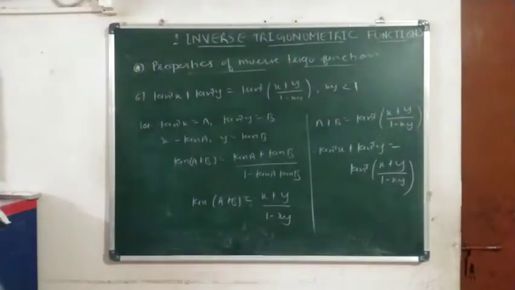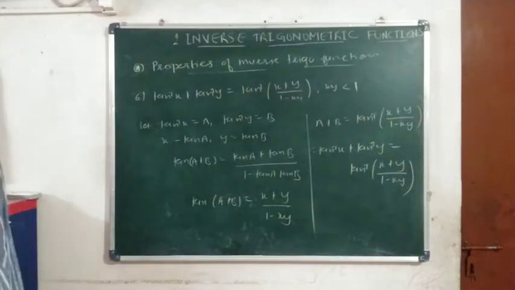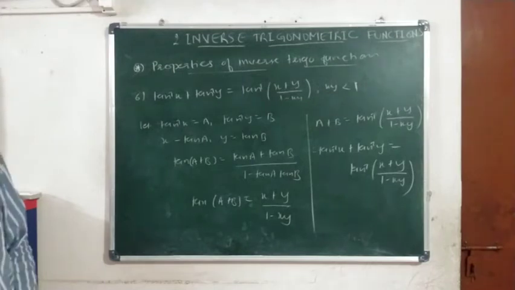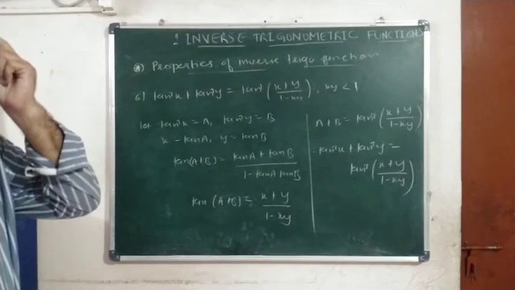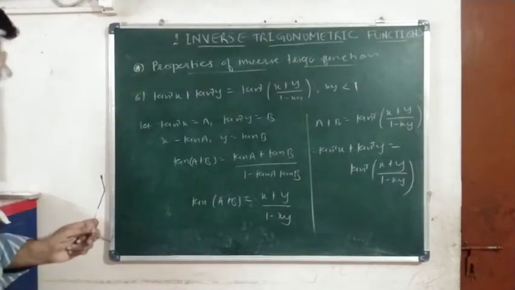Hence we have proved. Similarly, let us prove that sin inverse x plus sin inverse y is equal to sin inverse of x into square root of 1 minus y square plus y into square root of 1 minus x square.